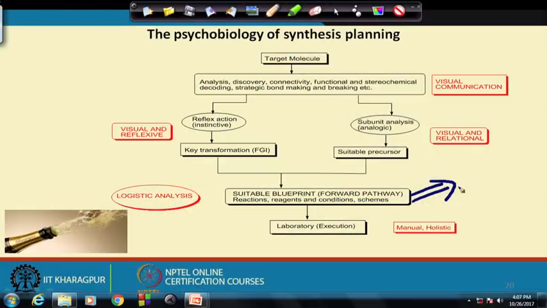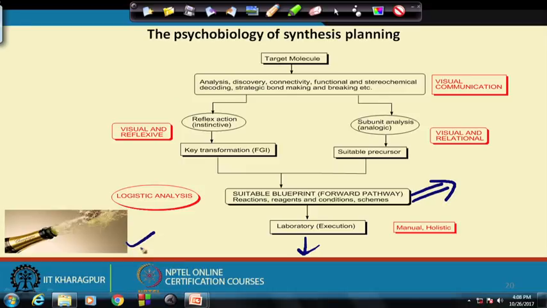Okay. So, you have to execute it in the lab, and once you achieve the target molecule, probably you can enjoy it with a bottle of champagne, with a bottle of wine, because this is the most rewarding experience if you choose synthetic organic chemistry as your career. The target has been achieved by your designed pathway and you can enjoy it.